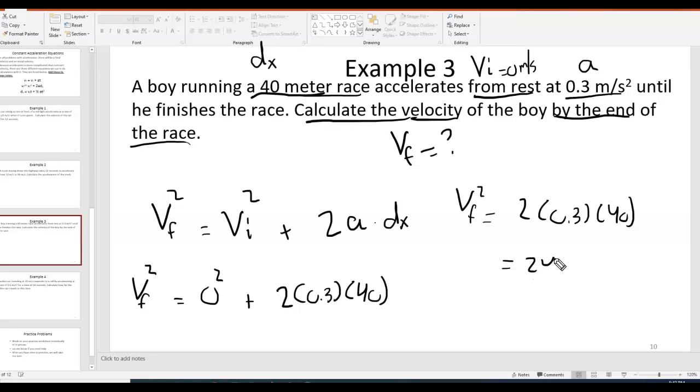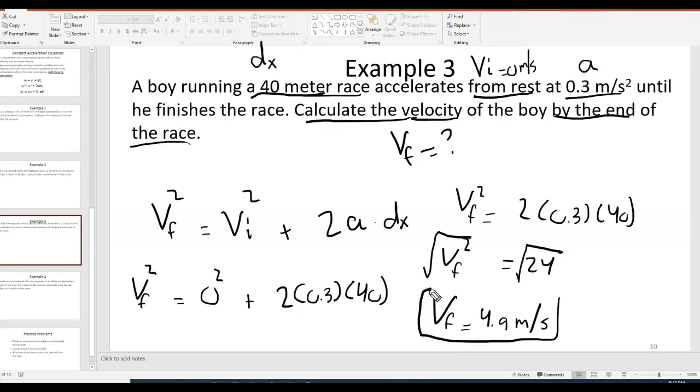However, this is solved for Vf squared, and I want Vf. So I need to do the opposite of square, which is square root. So I do the square root on both sides, and I find that V final is equal to the square root of 24, which is 4.9 meters per second. Okay, so that is example 3.